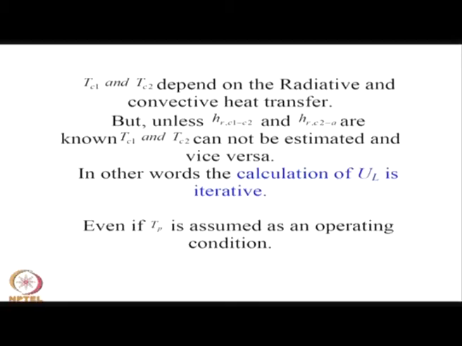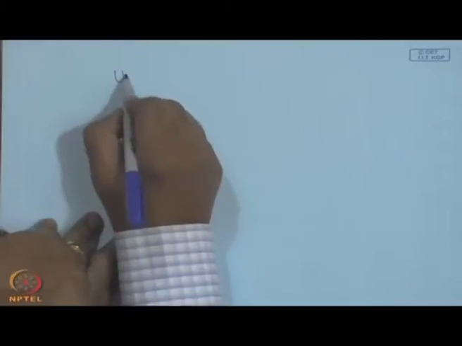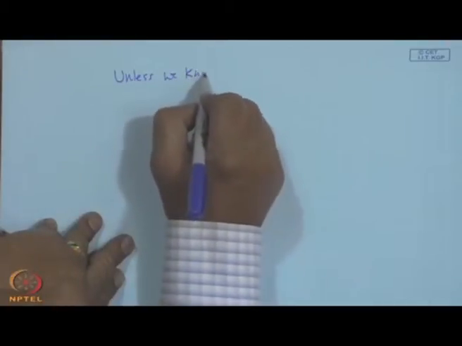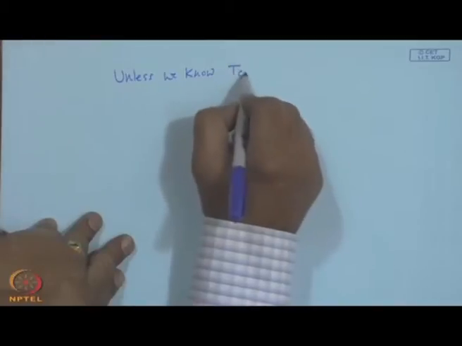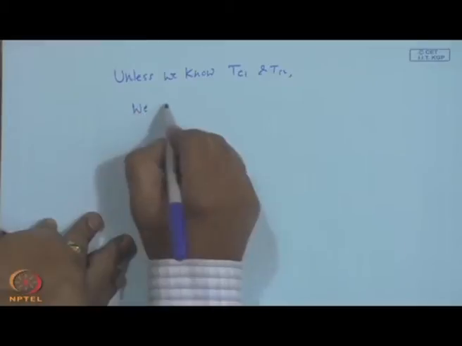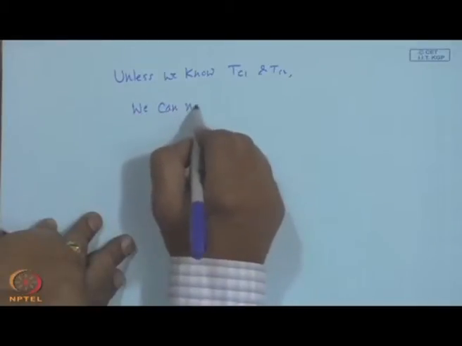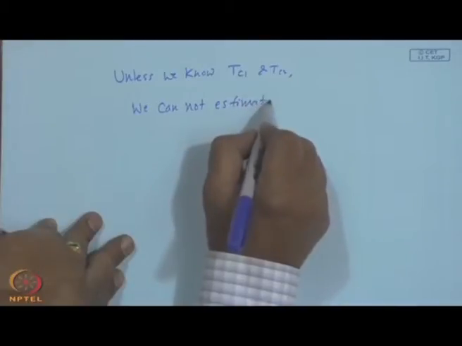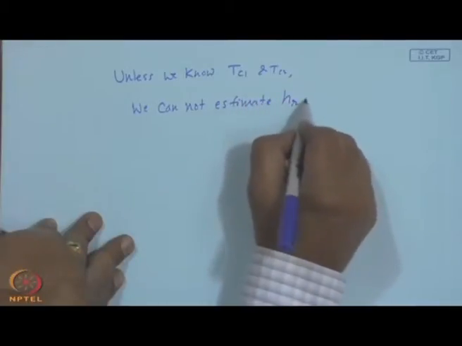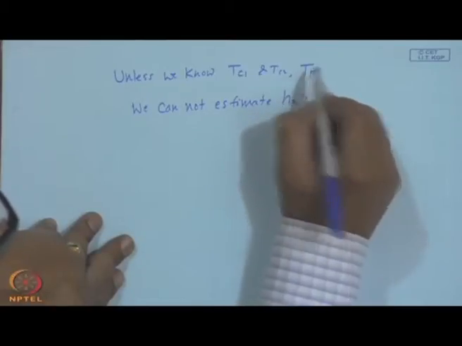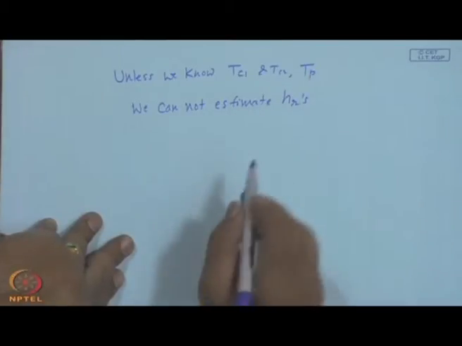So, now we have got an interesting problem. Unless we know Tc1 and Tc2, we cannot estimate HRs in general. Maybe I can add a Tp also. Okay, Ta is known too.